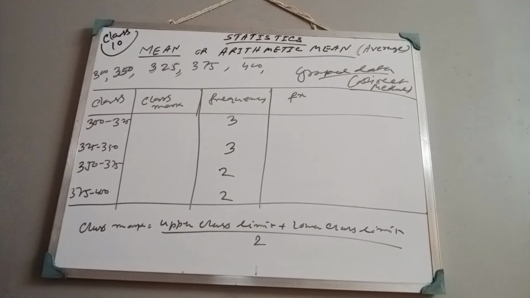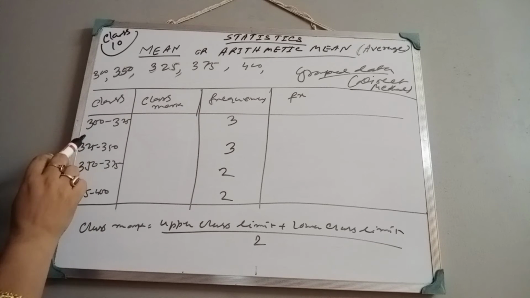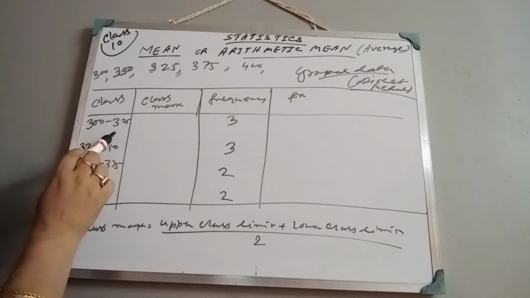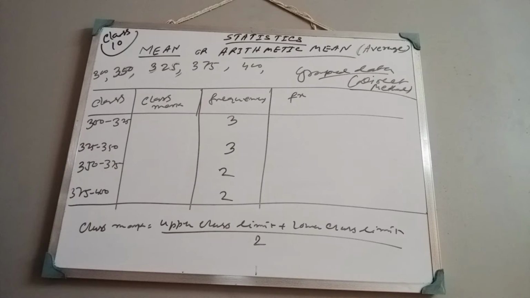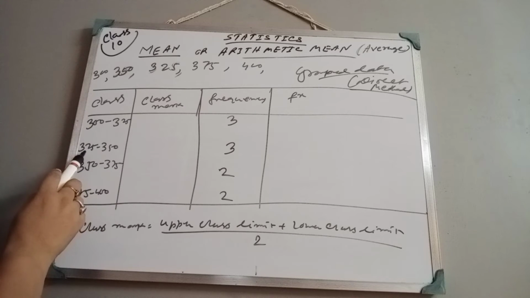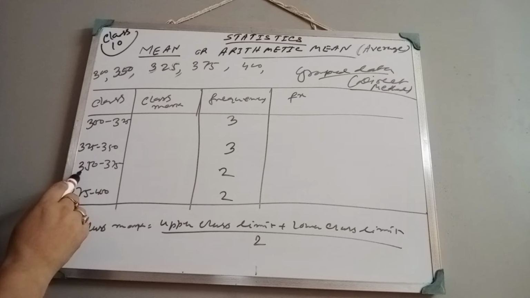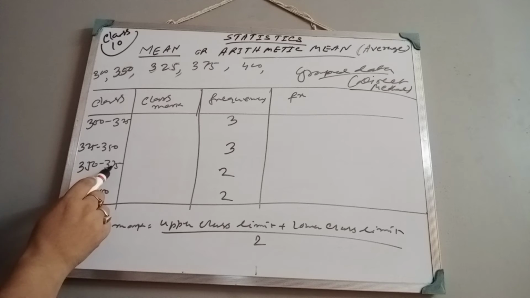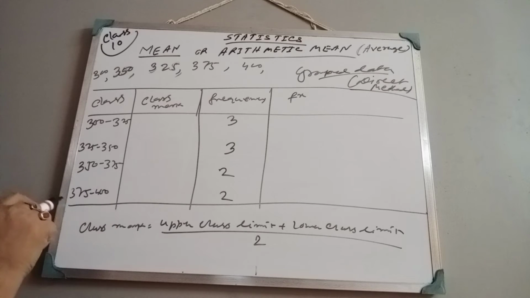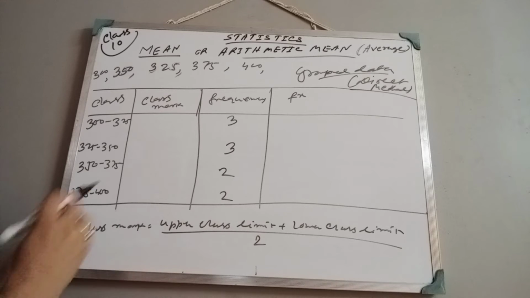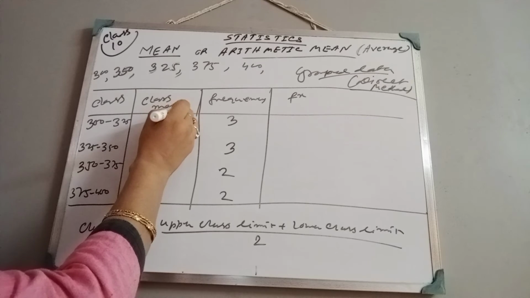Now in 300 to 325, 300 is the lower class limit and 325 is the upper class limit. In the second class, 325 is the lower class limit and 350 the upper class limit. Similarly, 350 and 375, and 375 and 400. We write the class mark as x.